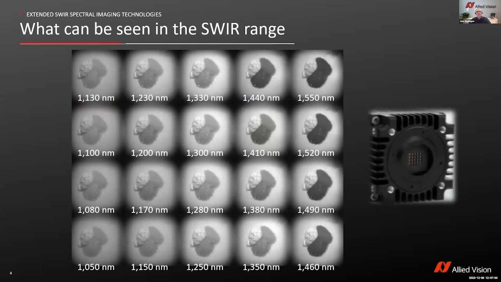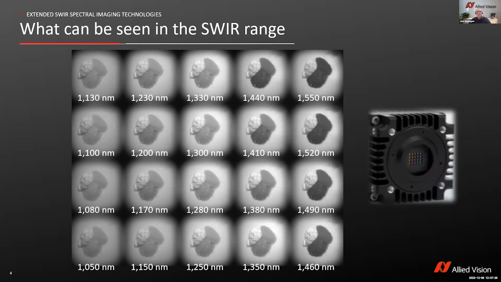The answer is quite simple. If we shift the spectral sensitivity into the SWIR range, we can get more contrast. Thereby, we have used in this case a special version of our Goldeye camera with a VGA resolution InGaAs sensor that is able to provide images simultaneously at different wavelengths that are named at the bottom of each image.